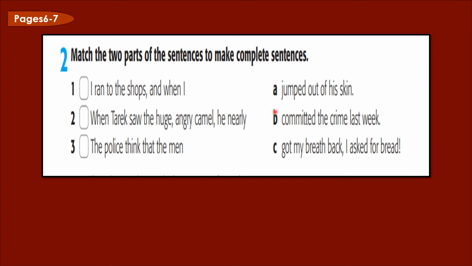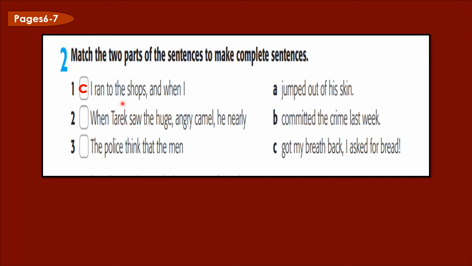Okay, and let's have a look at the completions. Jumped out of his skin, committed the crime last week, got my breath back, I asked for bread. Okay, number one, I ran to the shops and when I, it's number C, got my breath back, I asked for bread.